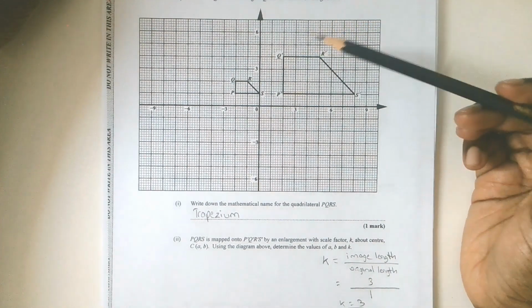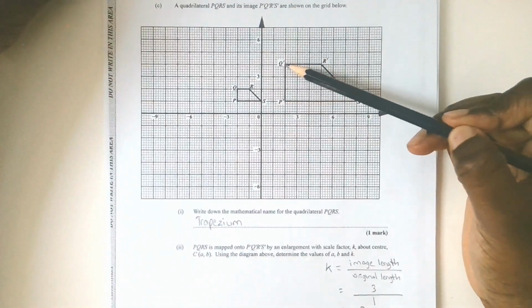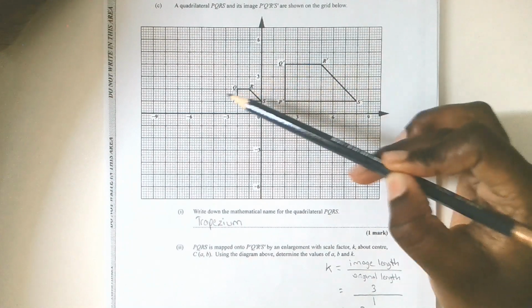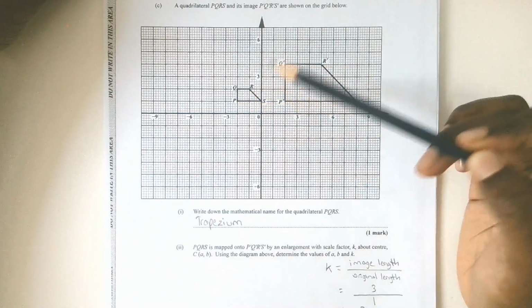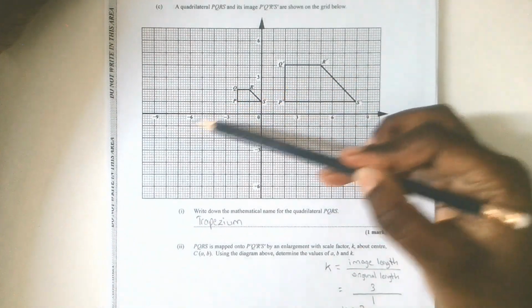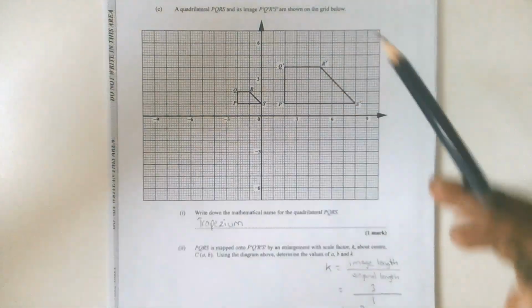However, to find our center of enlargement, or point or coordinates, we can connect each point, so Q to Q dash, and extend the lines P to P dash, R to R dash, and this all will be extended from a point of origin. So if we connect those points together, we're going to find our point of origin.